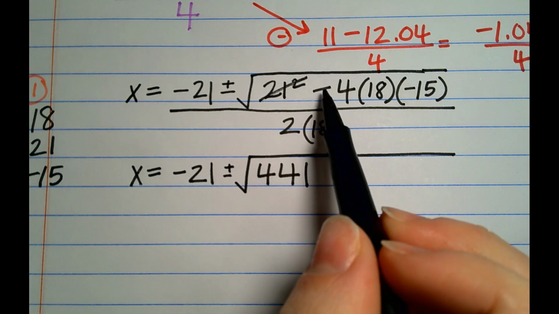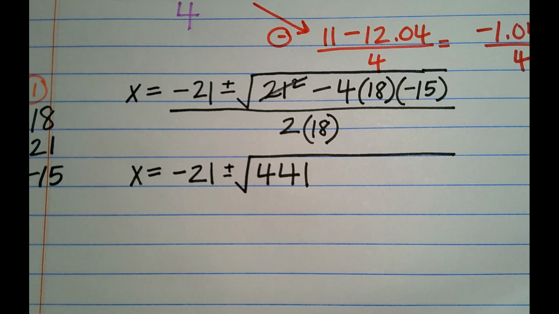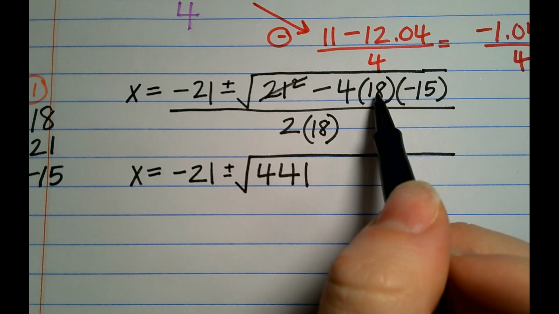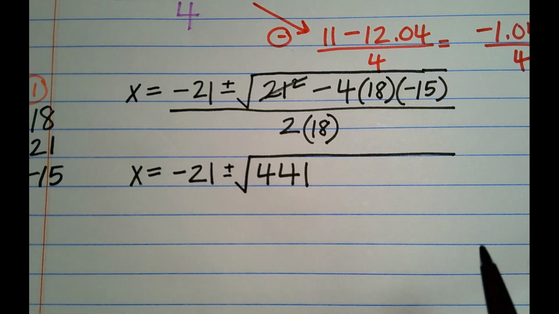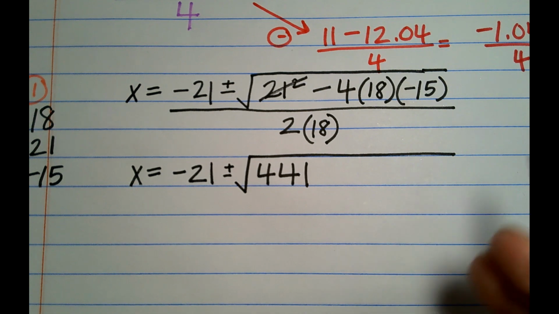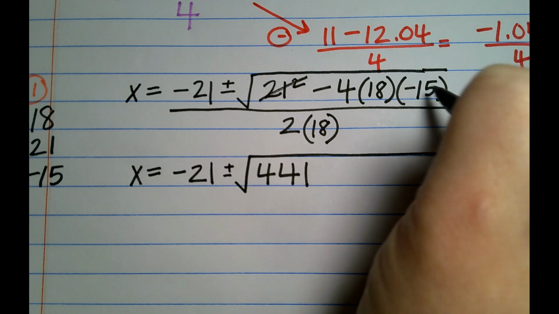Okay, now what do I do with these three numbers? We're multiplying them. So negative 4 times 18 times 15, or negative 15, what does that give us? Yes, 1080.